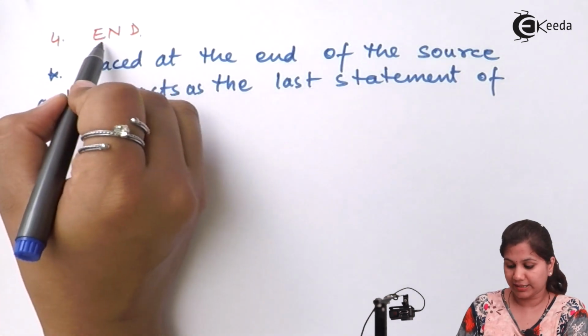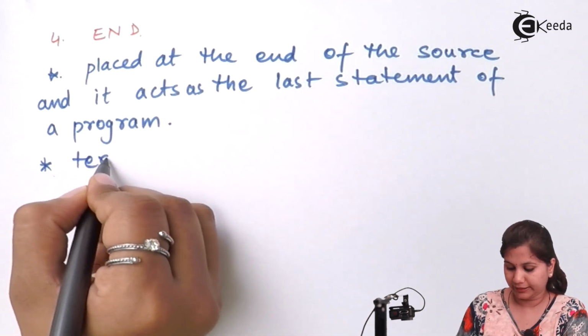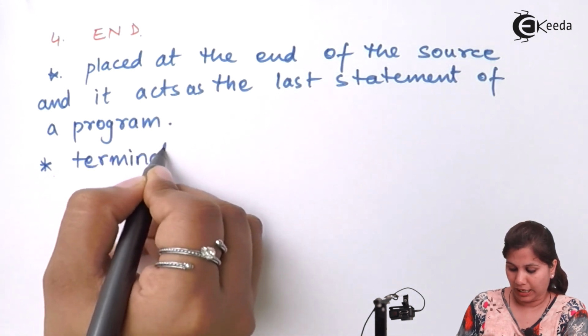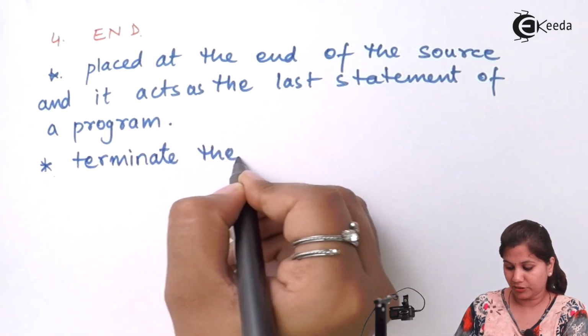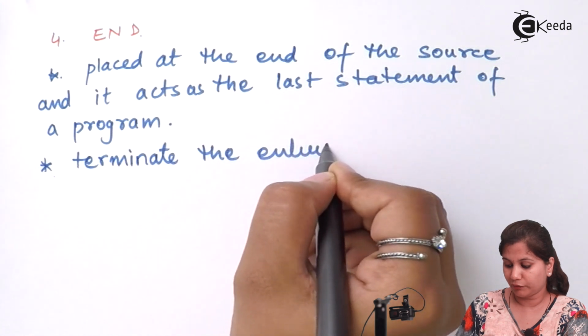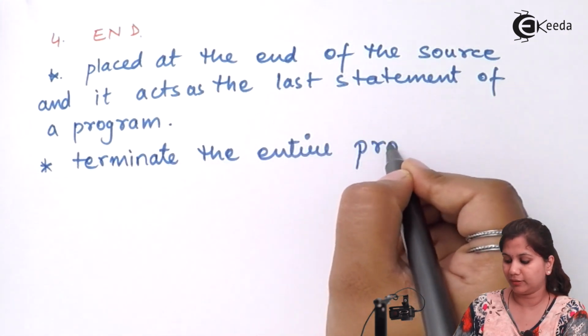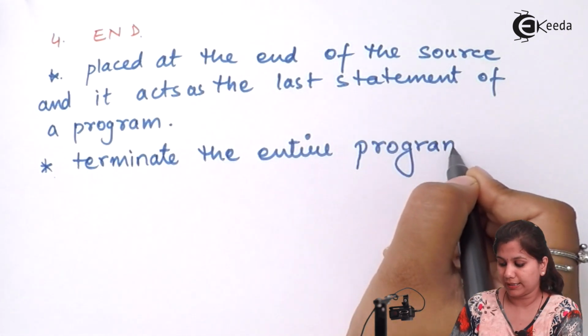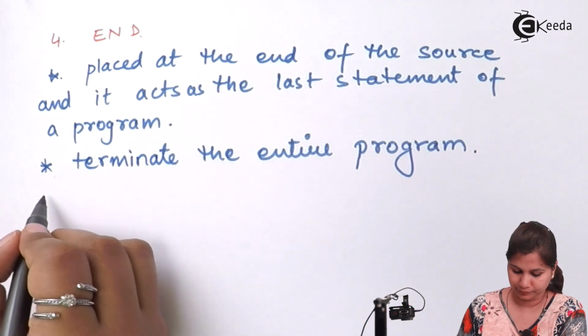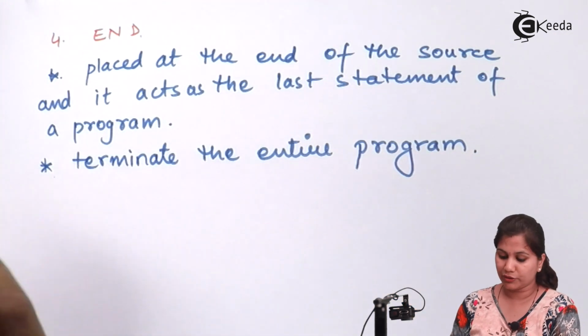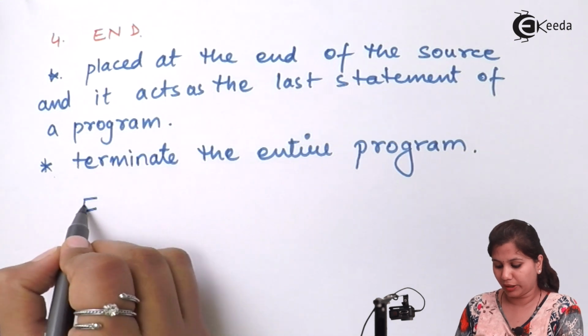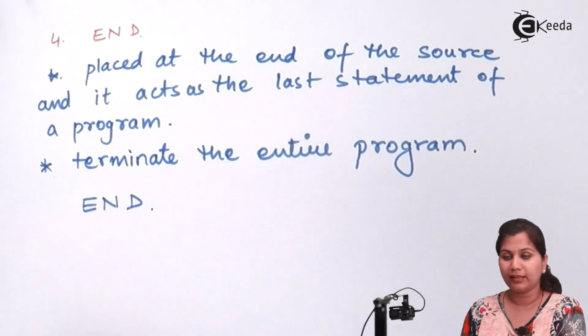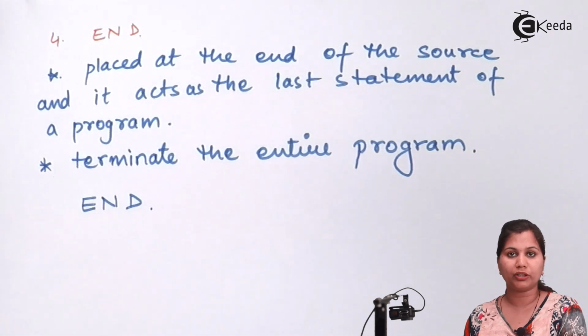So we can say that this directive terminates the entire program. After that, if any instruction is written, then that instruction will not be executed by the 8051 assembler. Okay, and its format is just we are going to write END as the last statement of the program.